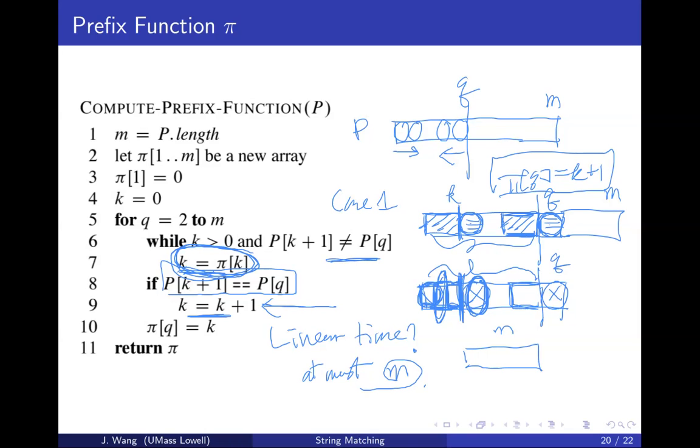The total number of increasing is m, each time by 1, so the total number of decreasing cannot be more than m. Hence it's just linear time. The number of operations of increasing and decreasing is at most 2 times m. So that is a linear time algorithm.